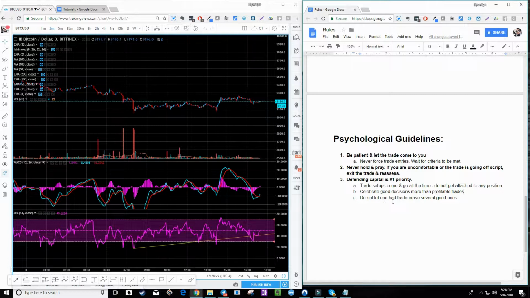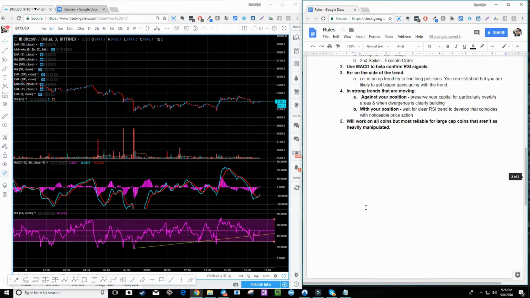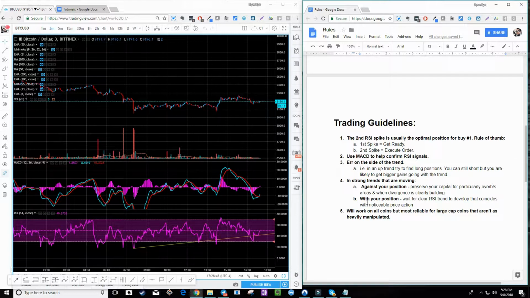And then, I already said, don't let one bad trade erase several good ones. It goes without saying, but it's really hard as a trader, especially in crypto. FOMO is really powerful. It can mess you up bad. Sticking to a system like this, or your own system, and building some rules will help you at least have that second thought when you go into the trade.